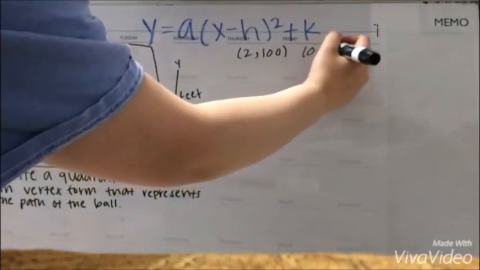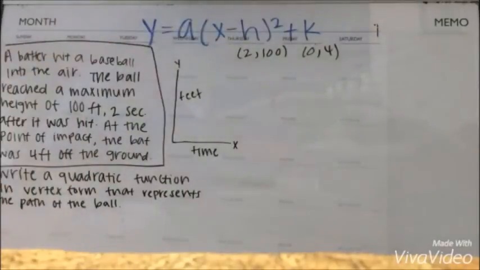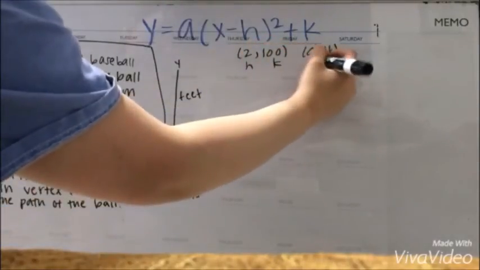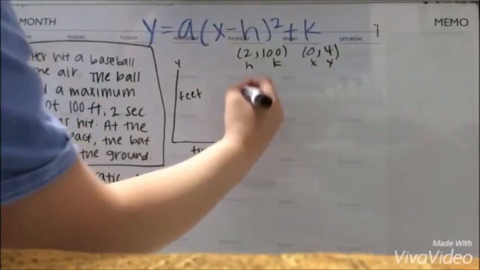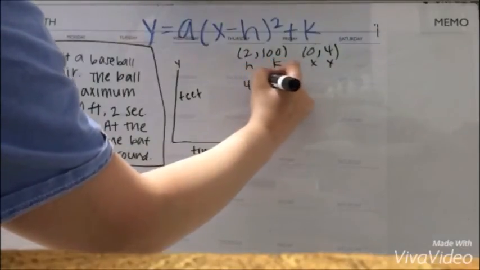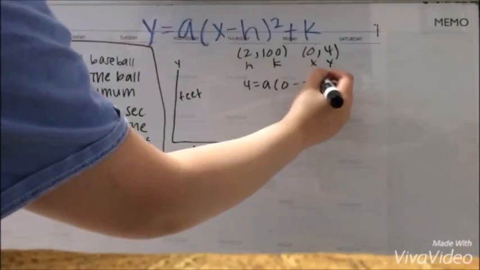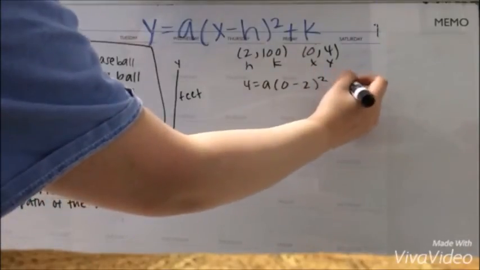So (0, 4). And now let's try to solve. So our vertex is h and k and our point is x and y. So 4 equals a times (0 minus 2) squared plus 100.